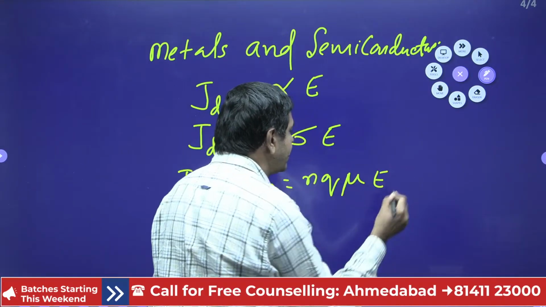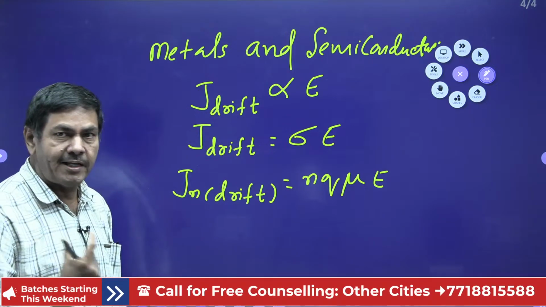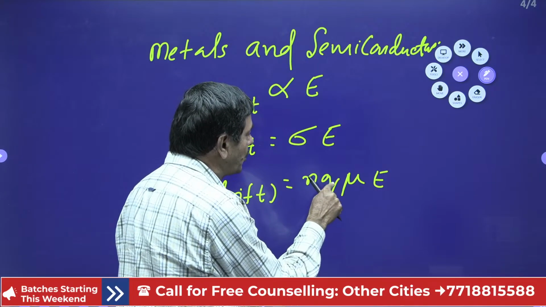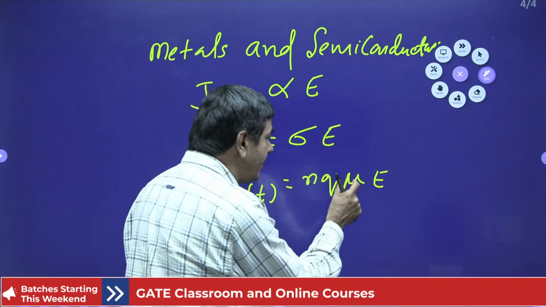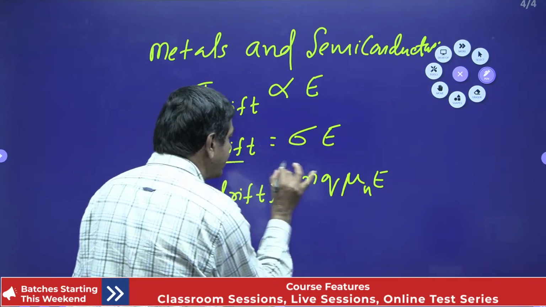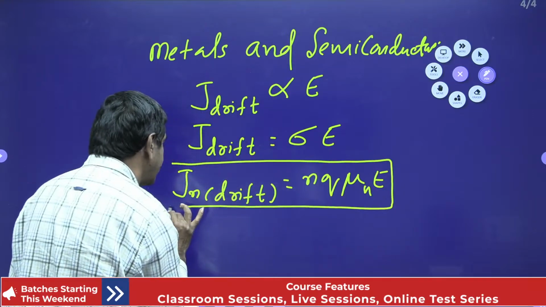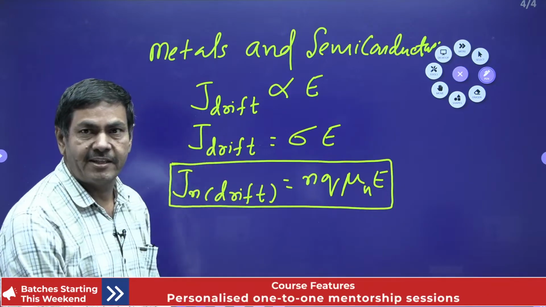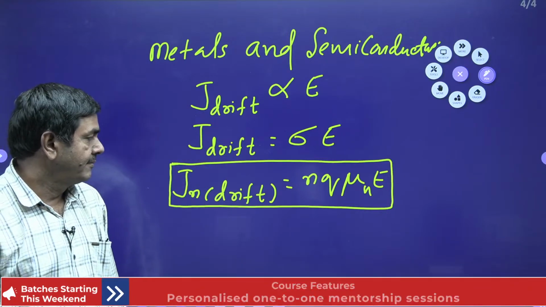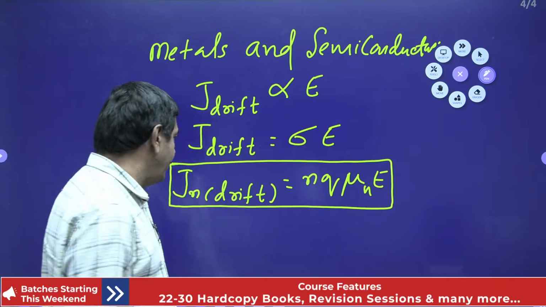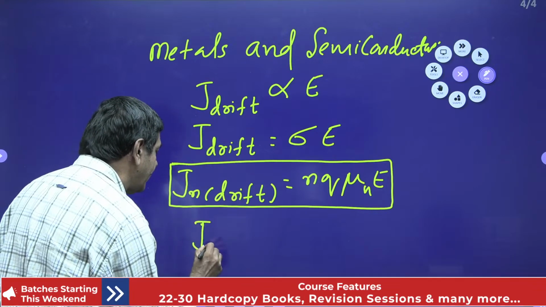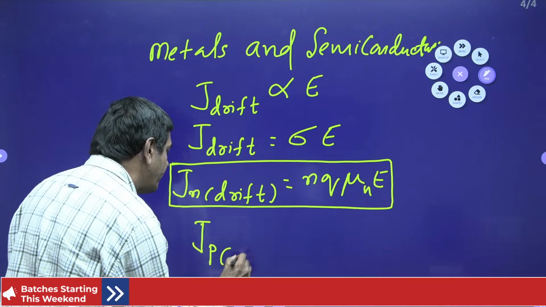Charge density is the concentration of electrons into charge, so N into Q is the charge density, into the mobility of electrons, into electric field intensity. By using this formula, you can determine the current density due to drift. For the current density due to holes in the drift mechanism, in the place of N it comes P.